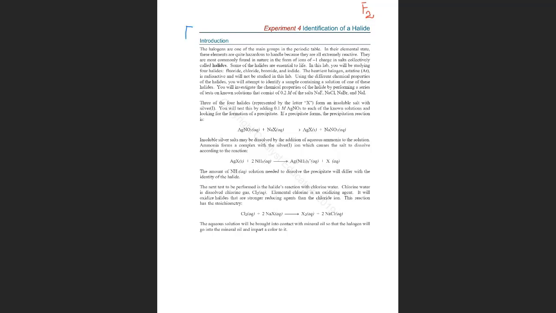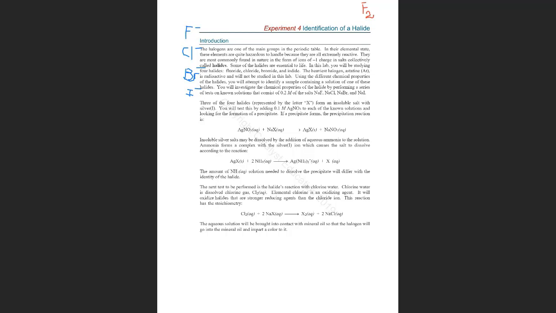So we find the fluor as fluoride, chloride, bromide, and iodide. Those are called halides. The end is IDE. They have a -1 charge.